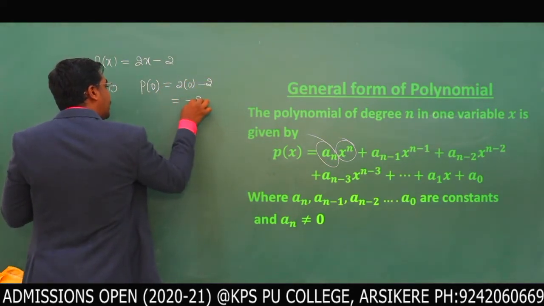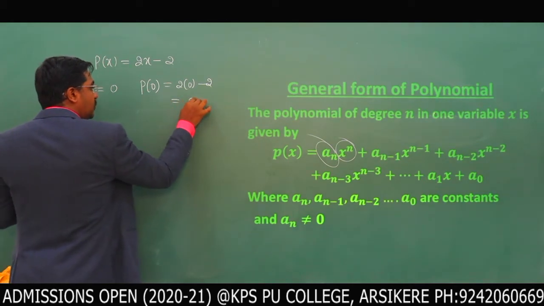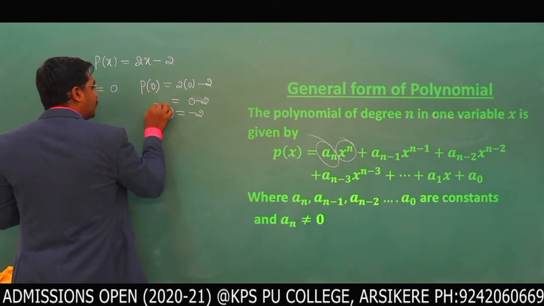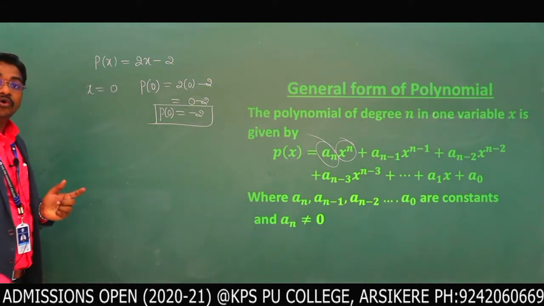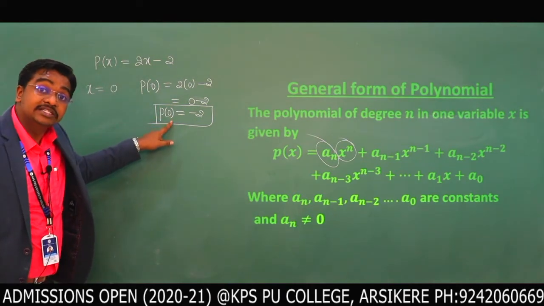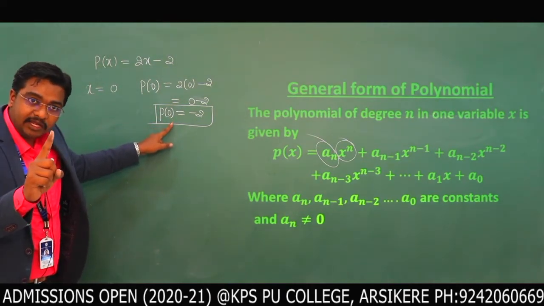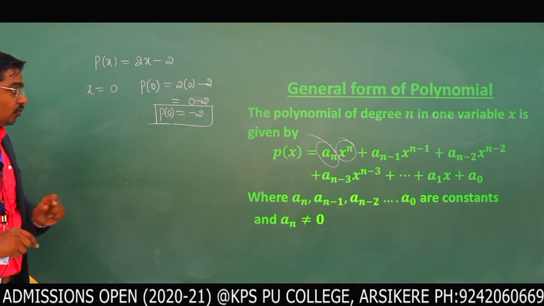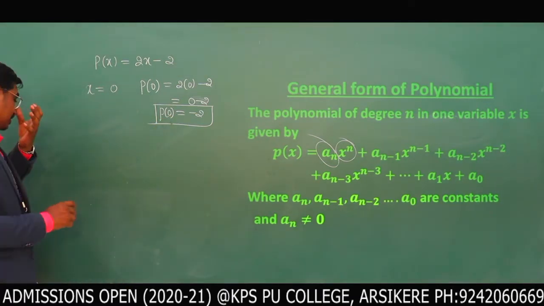The value becomes here minus 2, because 2 into 0 is 0, minus 2. So p of 0 is equal to minus 2. So what is p of 0? The value of the polynomial at x is equal to 0. That is, p of 0 is equal to minus 2.